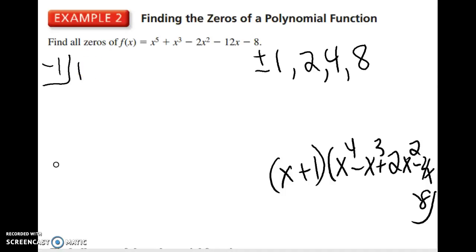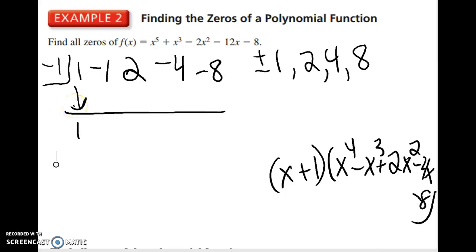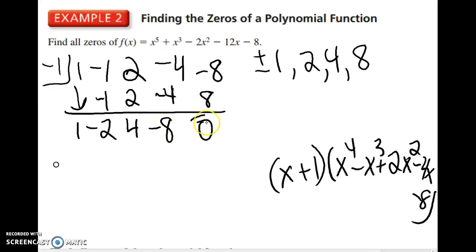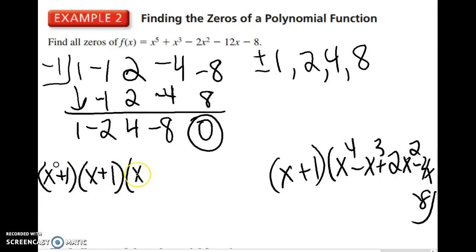So we have 1, and we can see we now have x plus 1 as a factor twice, and left we have x to the 3rd minus 2x squared plus 4x minus 8.